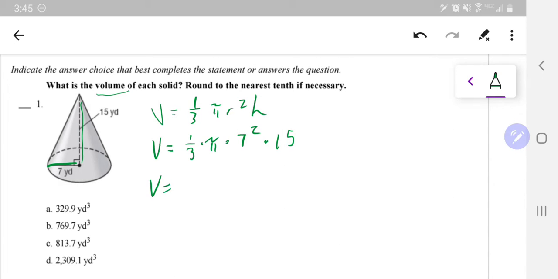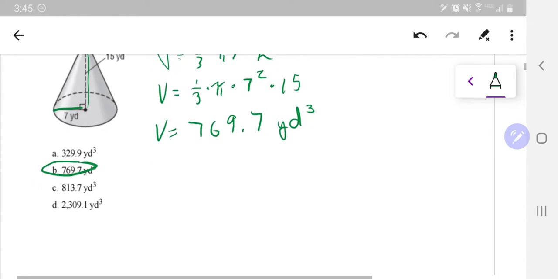When I put that into my calculator, I get 769.7 when I round to the nearest tenth, as the problem says. Because it's volume, I'm going to be measuring it in cubic units. So in this case, that would be B, my answer.